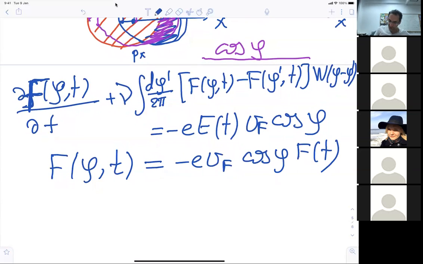Now, when we look at this equation, we realize that the collision integral is an operator that acts on the angular part, but doesn't act on the time dependence. So from the point of view of the collision integral, the time dependence is just a trivial multiplicative factor. Therefore, the only part on which the collision integral acts is the cosine phi. But we know how the collision integral acts on the part which is a cosine phi.